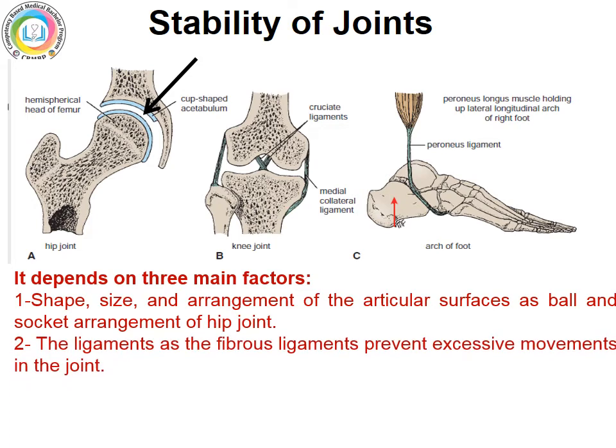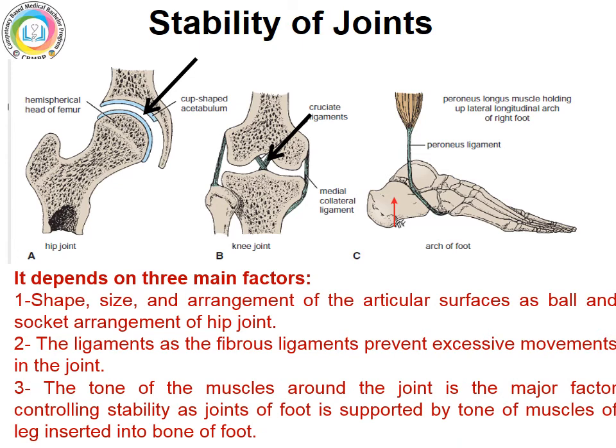Number two, ligaments, as fibrous ligaments prevent excessive movement of the joint, as the cruciate ligament in the knee joint prevents separation or dislocation between the two bones. Lastly, the tone of muscle around the joint, which is the major factor controlling stability, as the joints of the foot are supported by the tone of muscle of the leg, which is inserted into the bone of the foot.